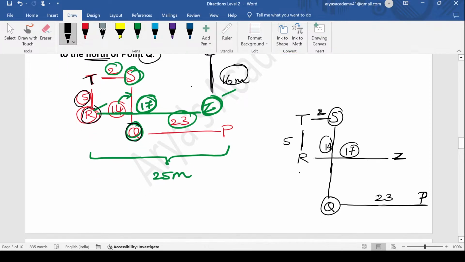If I draw a straight line, this will be 2 because this value is 2, hence this value also has to be 2. So this total distance will be 25. 2 plus 23 will be 25.